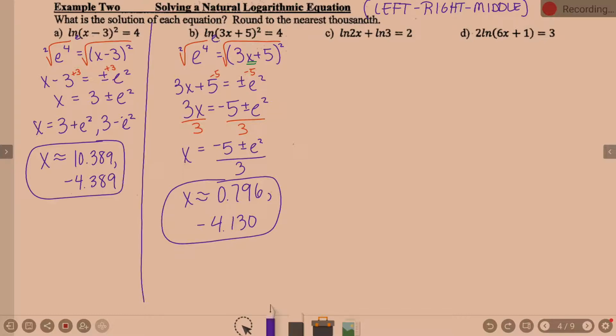And then I would repeat. This time it's negative 5 minus e squared. I would hit equals after I get that numerator, and then I would divide by 3. Negative 4.129, except the 6 is going to tell the 9 to go up. Think of it as what does a 29 go up to? A 29 goes up to a 30.